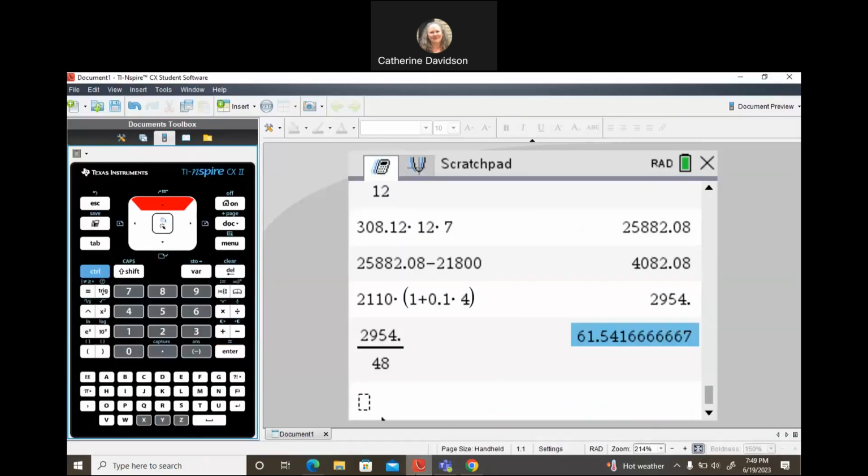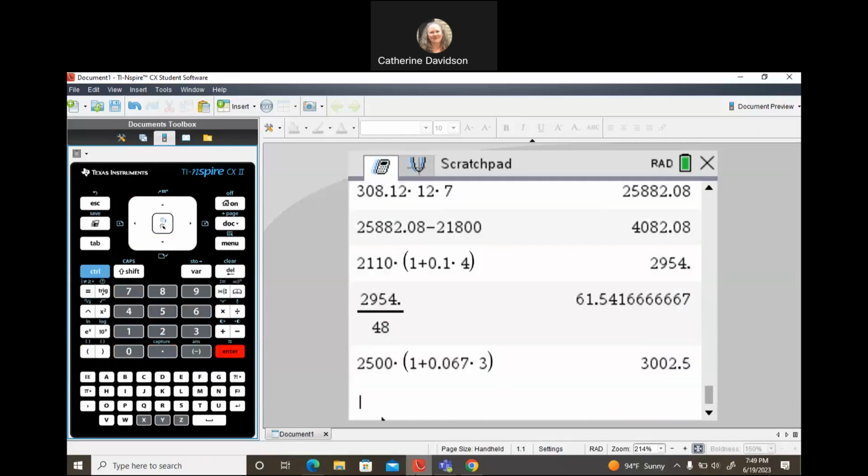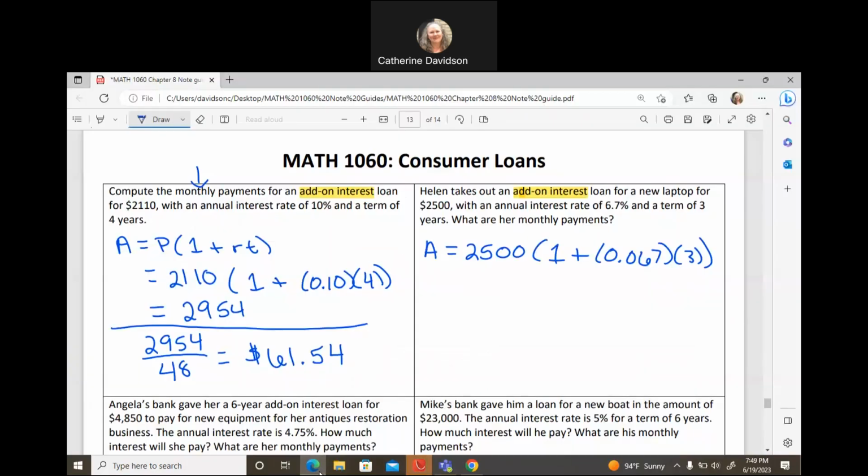Let's put this in. $3,002.50. That's the total amount that she's going to pay back for this loan.